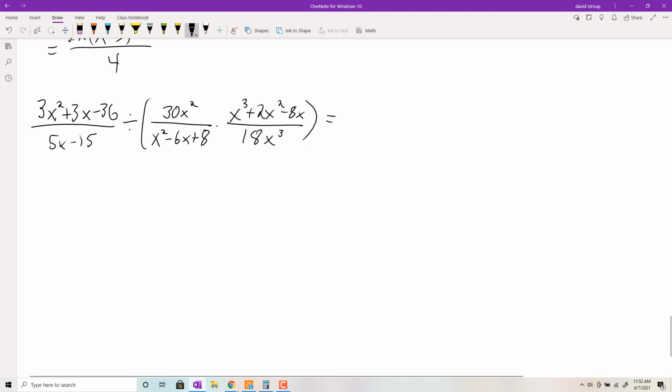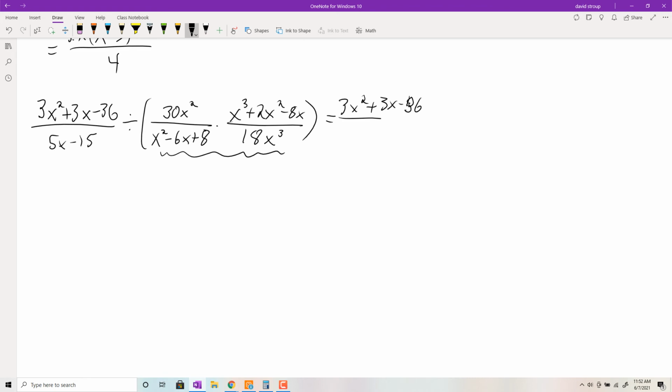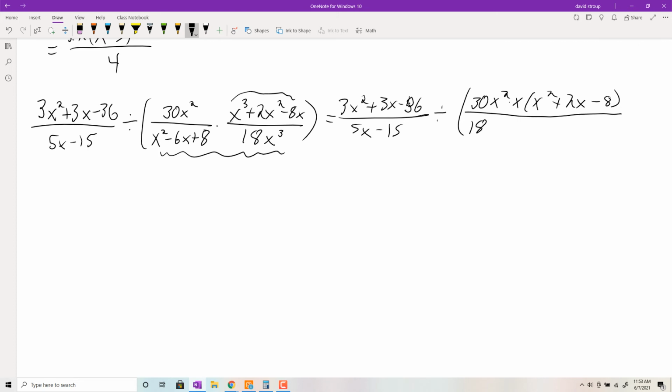So first I got to do the parentheses, all of this jazz. Okay, so I'm going to factor the heck out of it. I'm not going to worry about factoring the numbers. I have 30x squared, then I can factor out an x from this thing times x squared plus 2x minus 8 all over 18x cubed times x squared minus 6x plus 8.